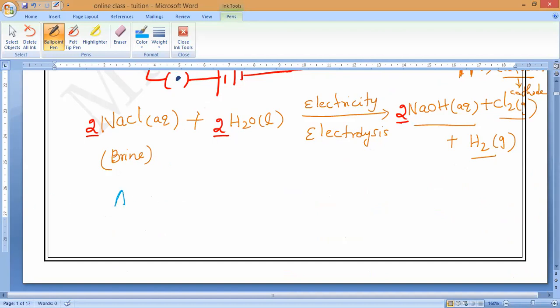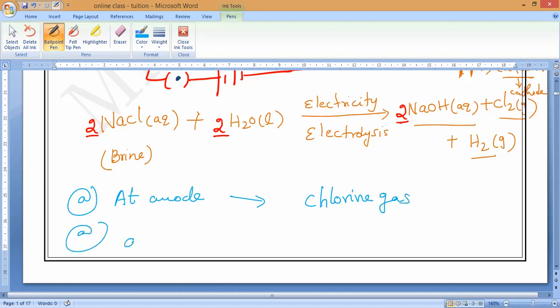So at the anode, chlorine gas forms. Next, at the cathode, hydrogen gas forms.